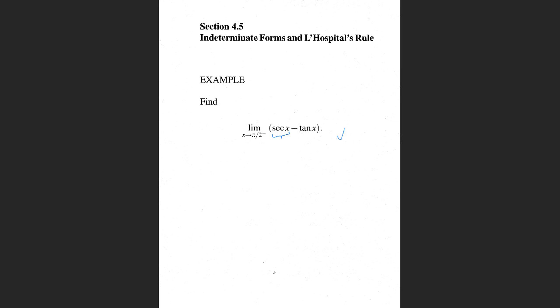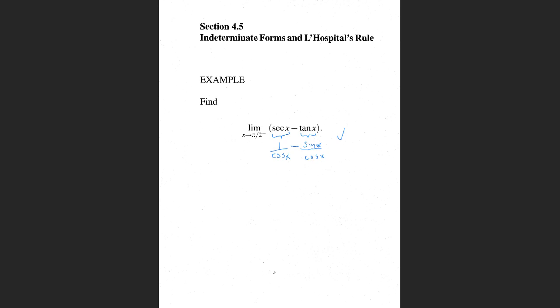Let's do the tangent, it's probably easier. The tangent is what over what? Yes, sine of x over cosine of x. And the secant is 1 over cosine of x. That's right, good, Samuel.